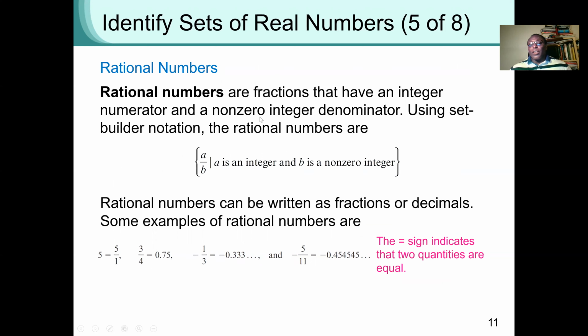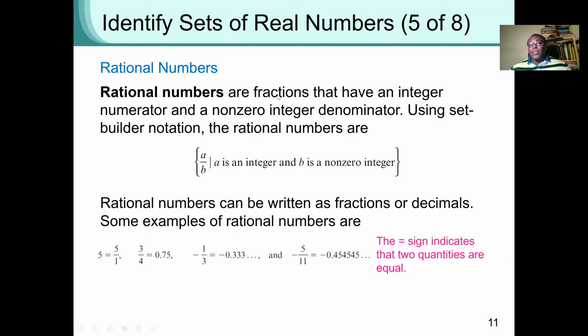So that's why we say the denominator should be a non-zero integer. Now, using set builder notation, we can write the rational numbers as a divided by b such that a is an integer, and we make sure b is a non-zero integer. We can't use zero.